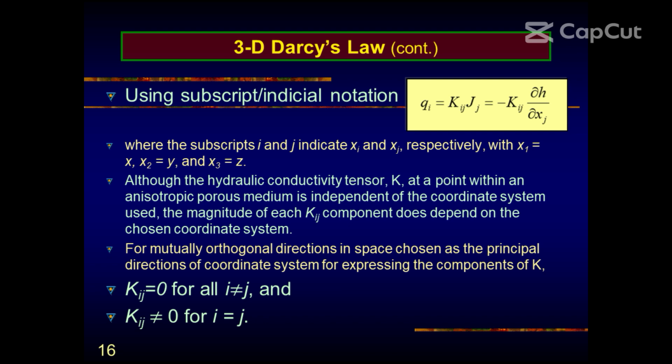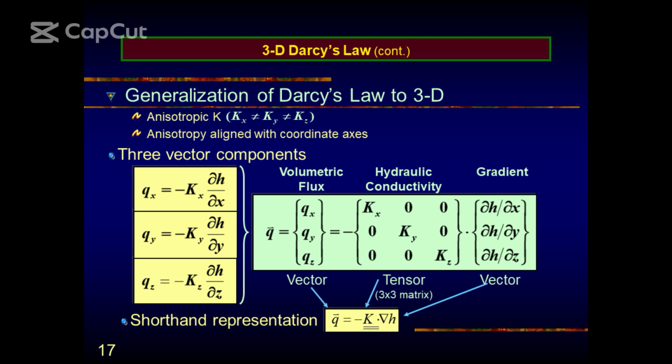When we're expanding using this, when j equals 1, we use del X. When j equals 2, we use del Y. When j equals 3, we use del Z. As we wrote it, X1 equals X, X2 equals Y, and X3 equals Z. So, using the same thing, we can still express this because Q is a vector.